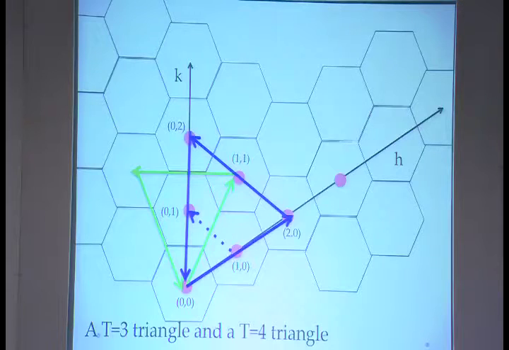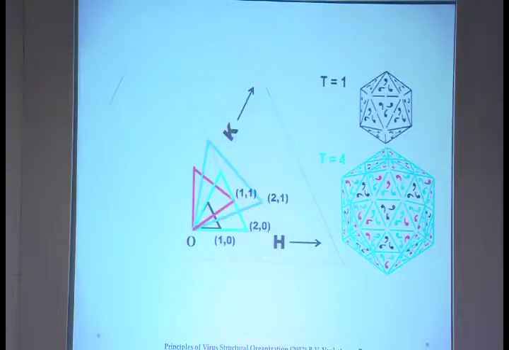Or you can have a T equals 4 particle. Again, there you are incorporating different values of H and K. And obviously your T equals 3 or T equals 4 particle would be somewhat larger than your T equals 1 particle, because you are accommodating more gene products or more protein molecules there.